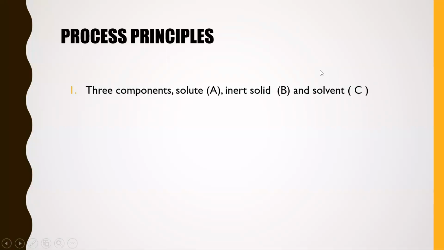The process principles involve, first, still the same three components: solute A, inert solid B, and solvent C. The composition of the solvent stream V and slurry stream L will be denoted by X and Y respectively.